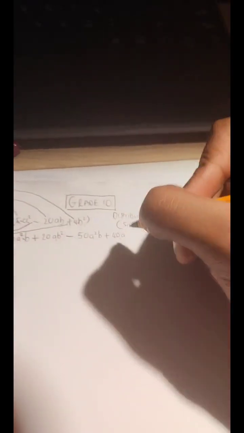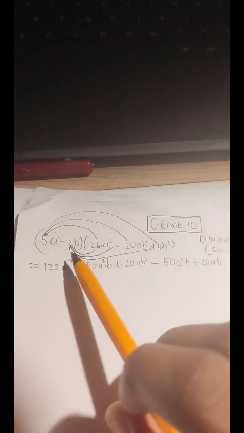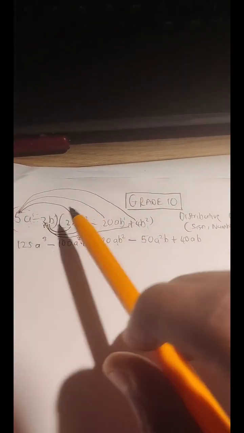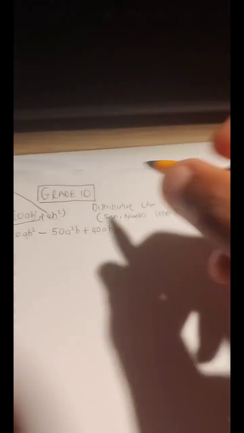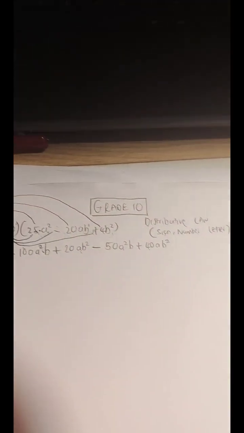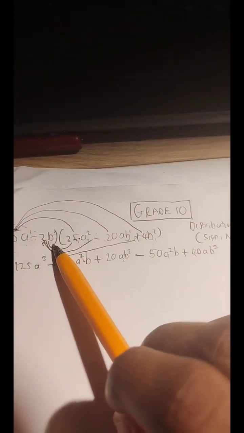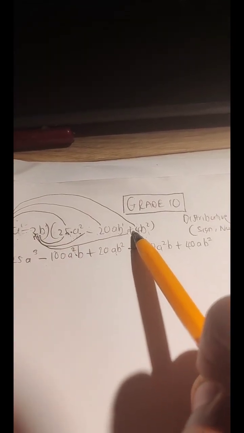You keep the base and you add the exponents. There's an exponent 1 here and an exponent 1 there. So what does Snoko say? 1 plus 1 is 2. So it's ab squared.